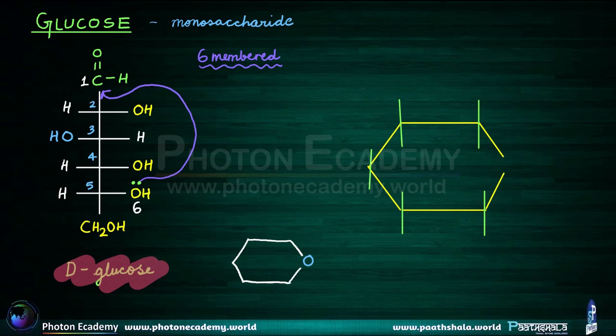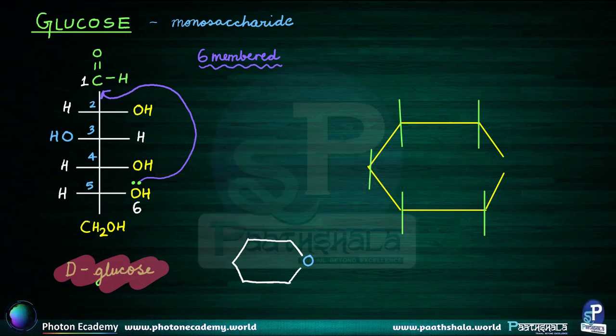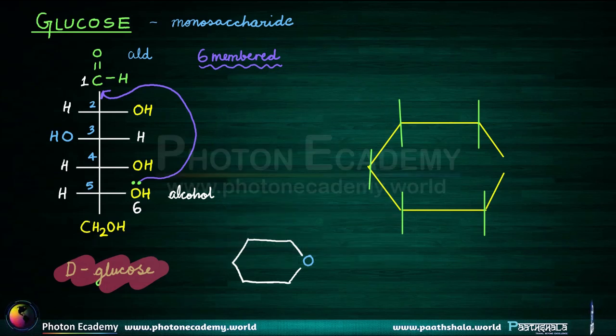Here an intramolecular reaction is taking place between the two functional groups. I have an aldehyde functional group over here and an alcohol functional group over here, and these two functional groups are involved in an intramolecular reaction, that is, within the molecule itself. Now what this intramolecular reaction is doing is depriving this particular OH.